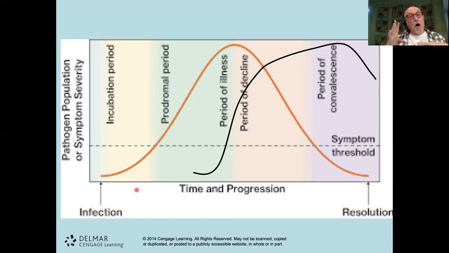The answer is that there are over 200 different viruses which can produce the symptoms of the common cold, including, by the way, 3 coronaviruses related to COVID, which only cause mild illness, but they cause a cold.